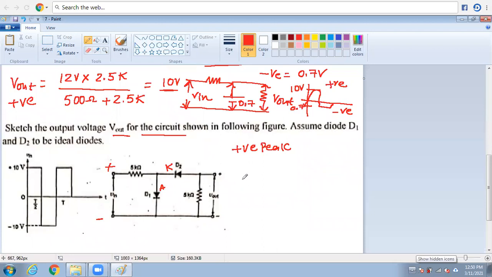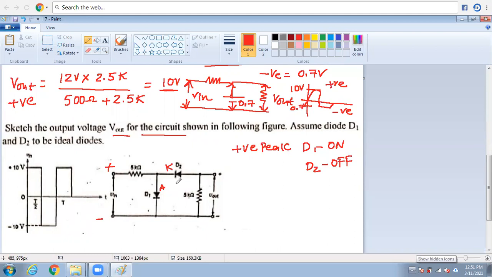This positive is connected to this cathode, and this positive is connected to the anode. So if you apply the positive peak, what happens? There are two diodes. D1 is on. What about D2? D2 is off. If you apply the positive peak, D1 is on, so D2 is off, which is nothing but an open circuit.